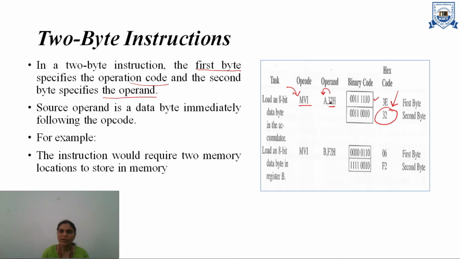So this is the immediate value, where the value is itself present in the instruction. The next example is to load an 8-bit data byte in register B: MVI B, F2. So here the immediate value F2 in hexadecimal is being moved to register B. The first byte is representing the opcode and the second byte is representing the operand.